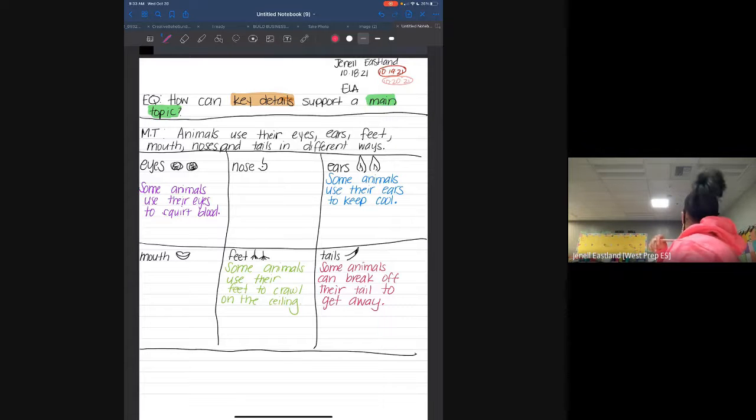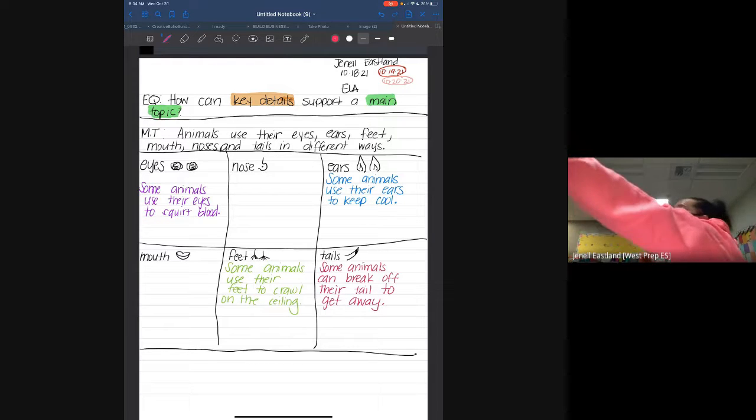Zariah, can you help her? Julian, can you help Zariah and Victoria, please? And if we can't find it, then what can we do? Look at the text. So we can look at the text.